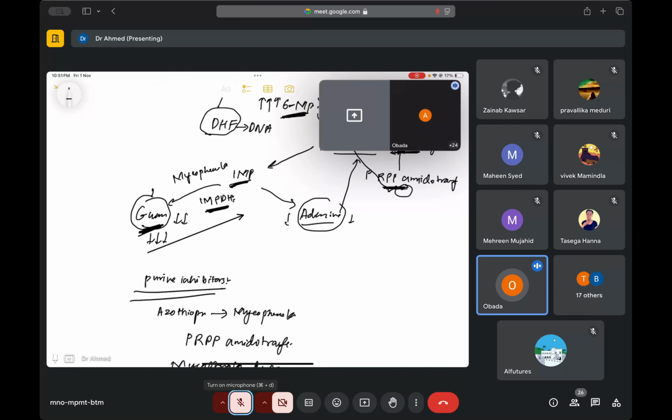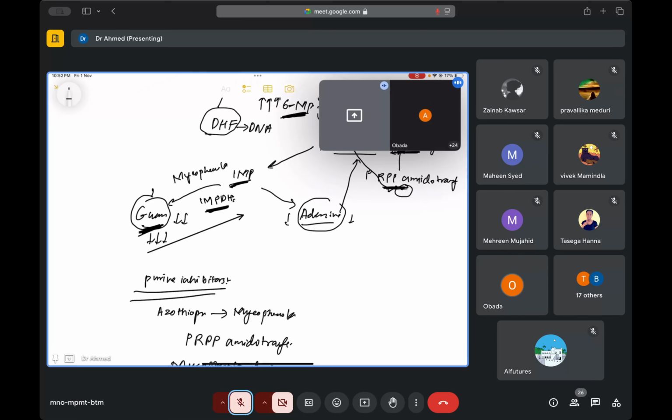Purine inhibitors like azathioprine or mycophenolate. Azathioprine will be converted to 6-mercaptopurine, which will inhibit PRPP amidotransferase enzyme, which converts purine to IMP and then to adenine and guanine, so it will decrease DNA replication.